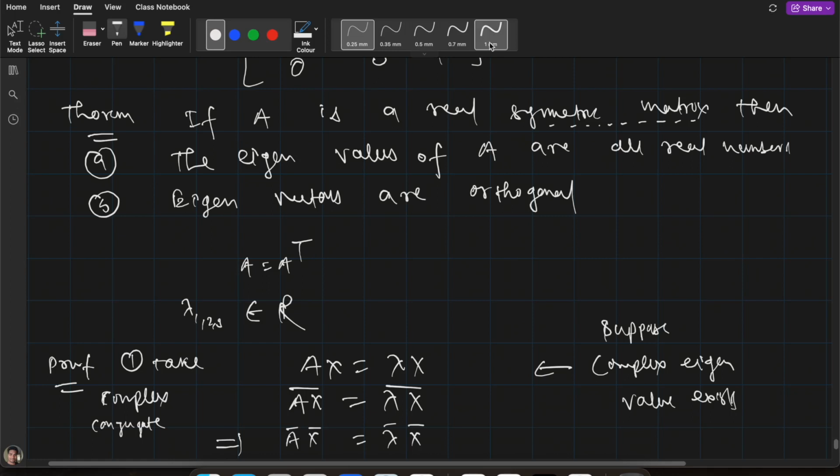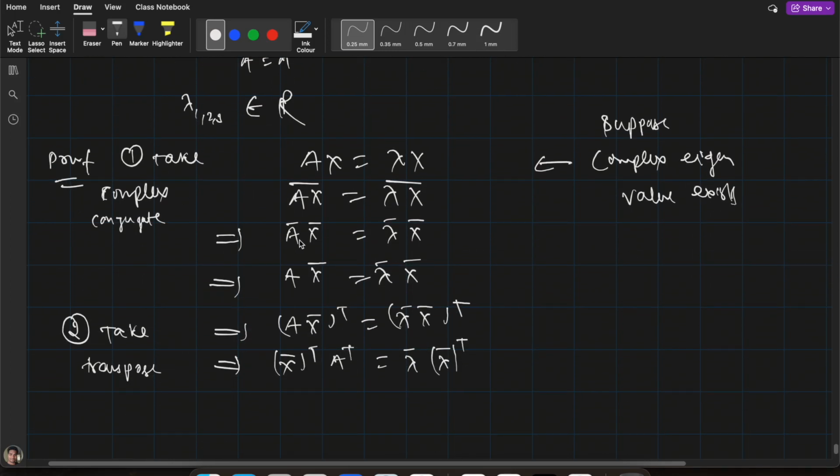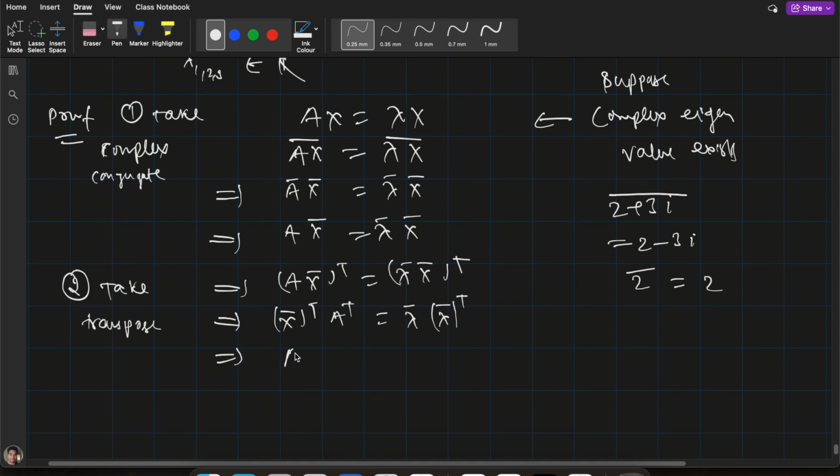That is a theorem. So if we have taken the complex conjugate of A, you can see that if 2 plus 3i, if you take the conjugate, it will become 2 minus 3i. But if you take the complex conjugate of a real number, it will remain the same. Yes. So if every element is real, which means that A bar will be equal to what? A, right? Now take transpose. So it will become x bar transpose A transpose. Now I know that A transpose equal to what? A, because that is symmetric.